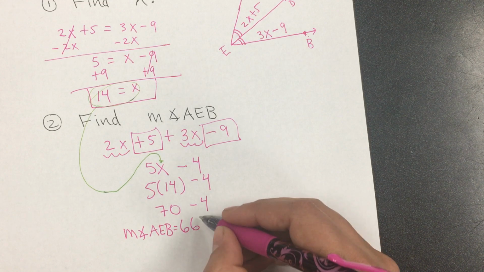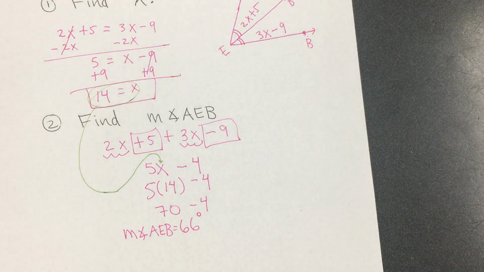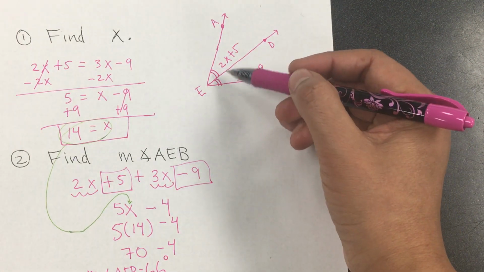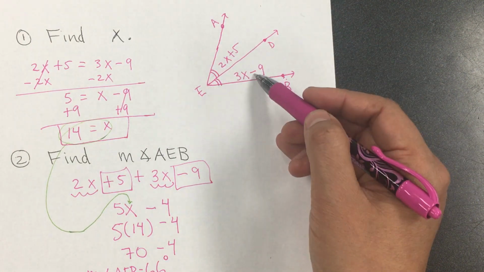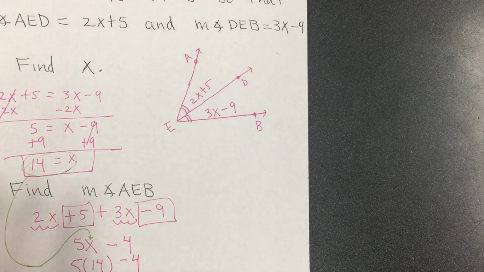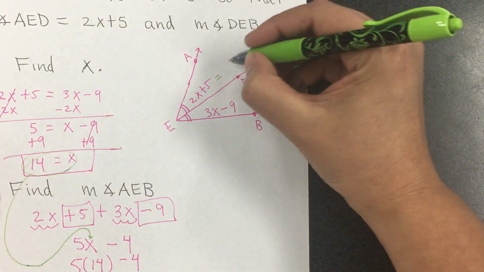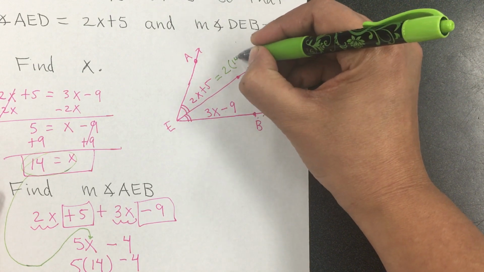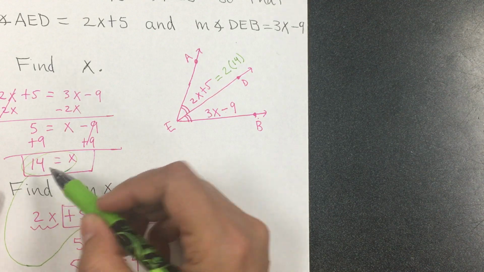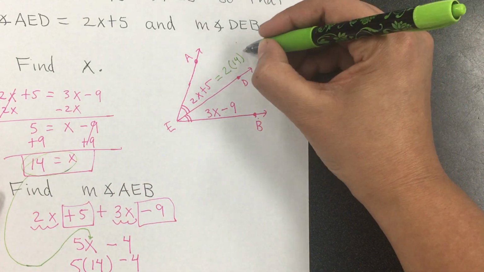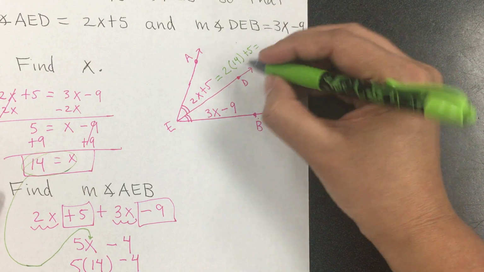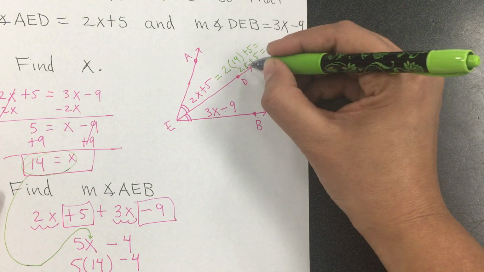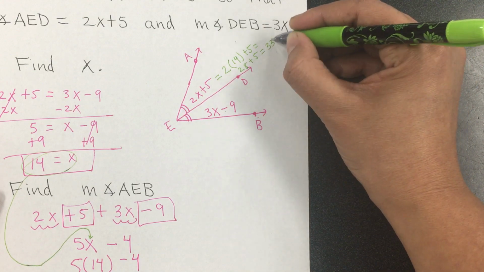So the measurement of angle AEB equals 66 degrees. Okay, so that means that this is 66 divided by 2. That's going to be 33 and 33. And you can actually replace it in here and you will see that it does give you 33. So 2 times 14, because x is 14, plus 5. 2 times 14 is 28 plus 5, and that is 33.